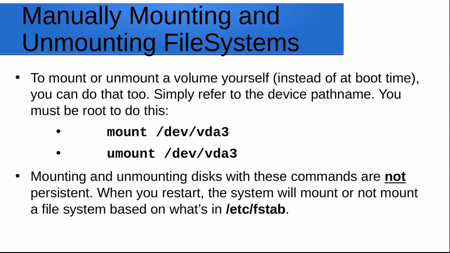You need root permissions for that, so stick sudo in front of it, or issue sudo -i, so you're root until you type exit. umount will unmount it. And doing this with these commands isn't persistent. So when you restart the system, it's not going to be mounted or unmounted. That's why you do that in /etc/fstab, the file system table.